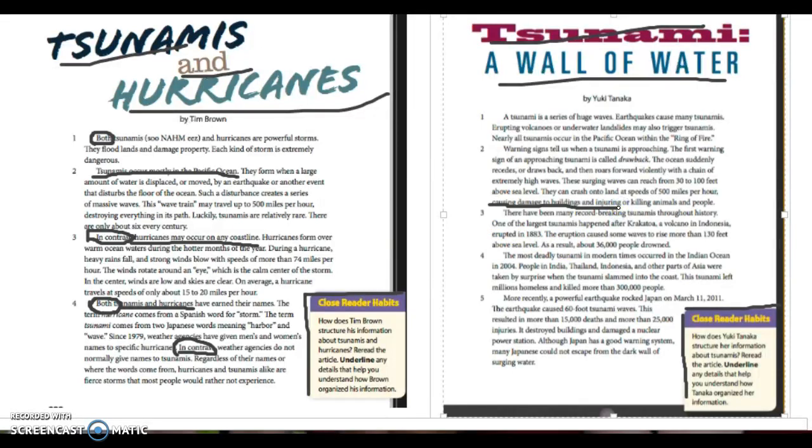It says they cause damage to buildings and injuries. The next one in paragraph 3, I see the word cause. After it says the eruption caused some waves. And then a very important keyword here is as a result.